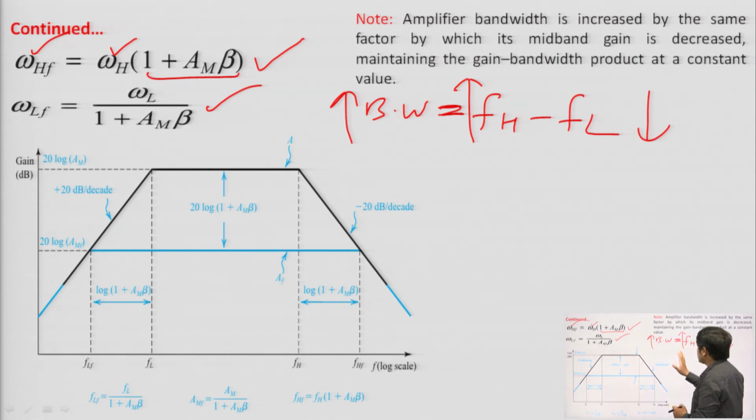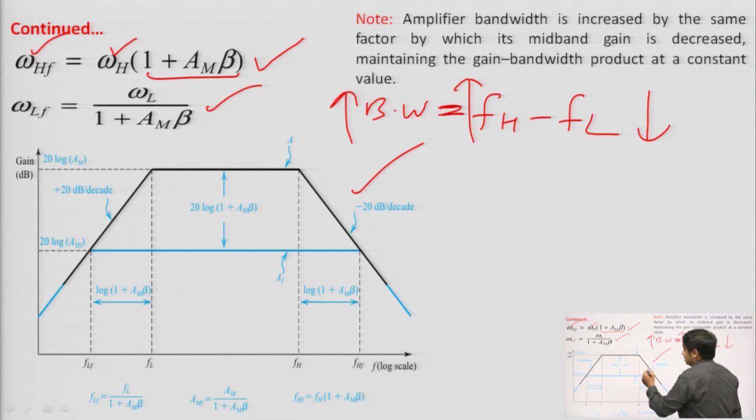So, your bandwidth is enhanced, and one more important thing is that you can see that the bandwidth is enhanced by the same factor by which the gain is reduced. So, your gain bandwidth product will be constant. You can understand with the help of this diagram.